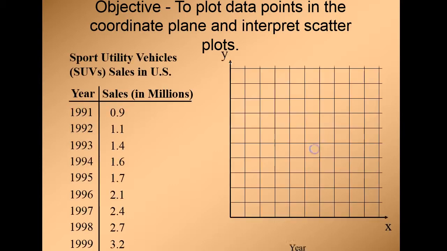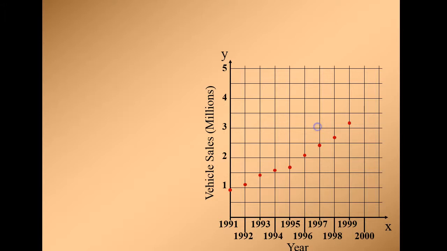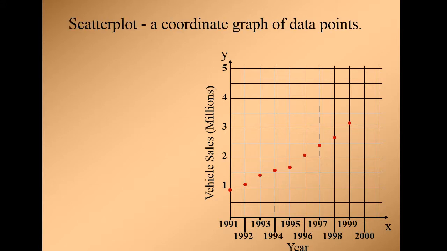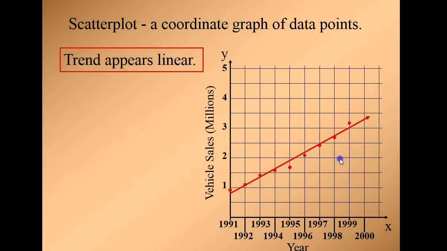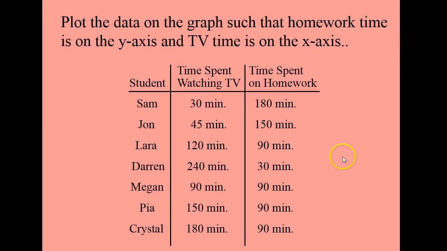So here's one example of plotting the points. This is what we're going to do in class. So you plot all the points. You're going to see that it is a positive correlation, right? You see the line, so it is a positive correlation. Simple. So this is increasing, so everything is a positive correlation.